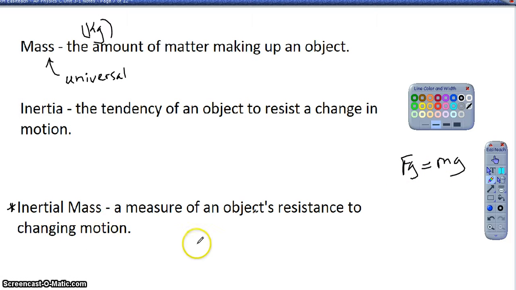Inertial mass, on the other hand, would come from if we were doing an experiment to find out the acceleration of an object, right? So if I was doing an experiment kind of like we did last year where we had the cart set up and the blocks hanging over the table, right? That was really testing the inertial mass and the tendency to resist a change in motion, right? As I add more weight to this mass here, this object resists change more and more and more.